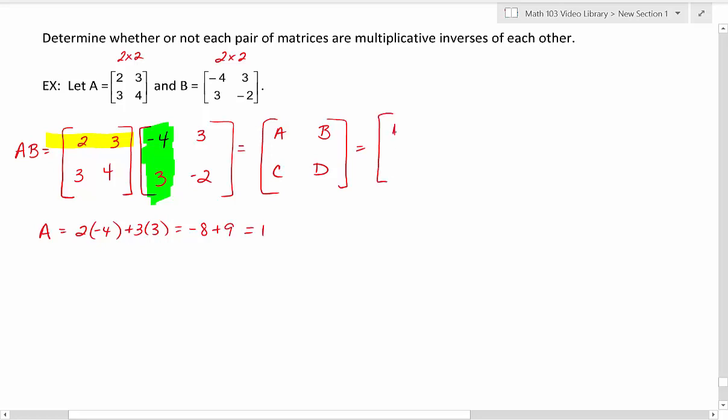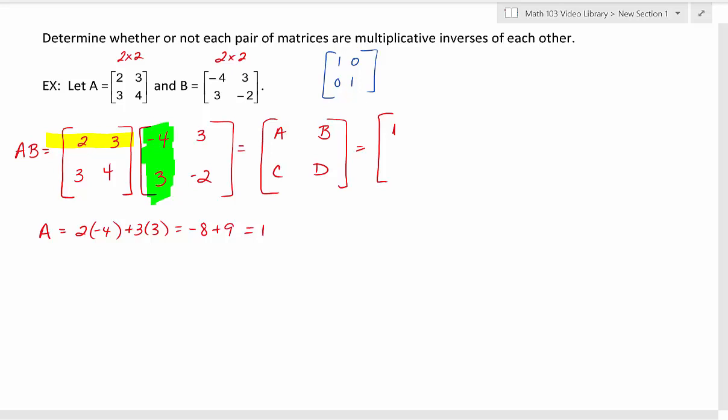Now remember what we're trying to get to. We're trying to get to the identity, which looks like this. So if during my multiplication I get any number different than what it's supposed to be for the identity, I would simply stop and say these matrices are not inverses of each other.